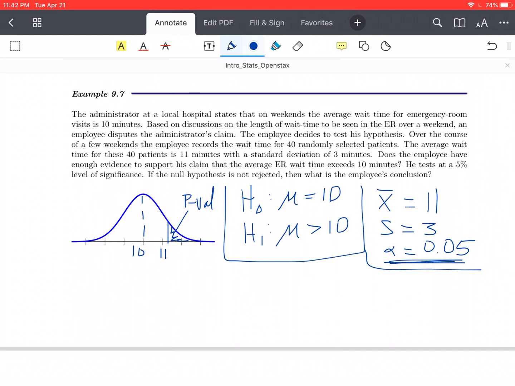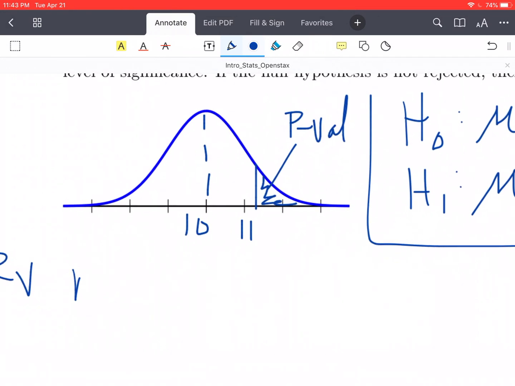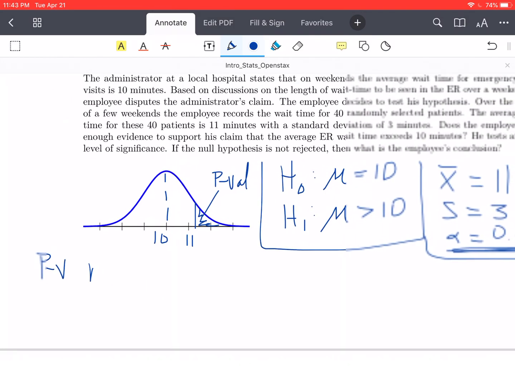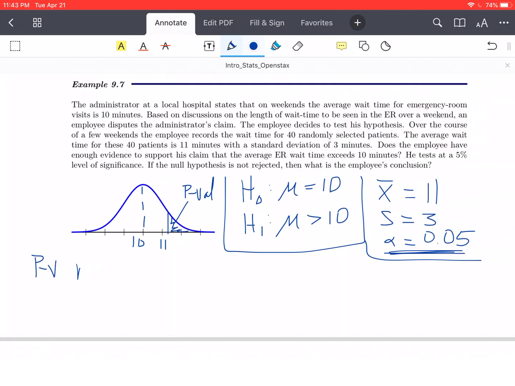But if we see that it's less than alpha, then we would reject the null, because we'd say that that is very significant evidence. Okay? So what we're looking for here, so our p-value, that's going to be the probability that x bar would be greater than or equal to 11.